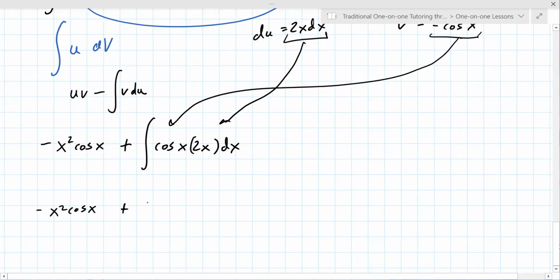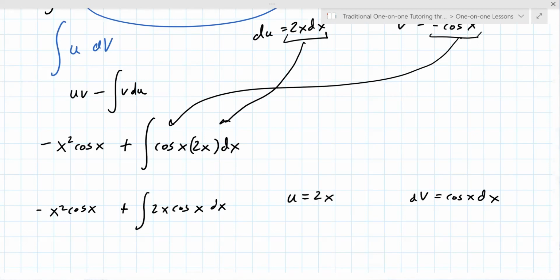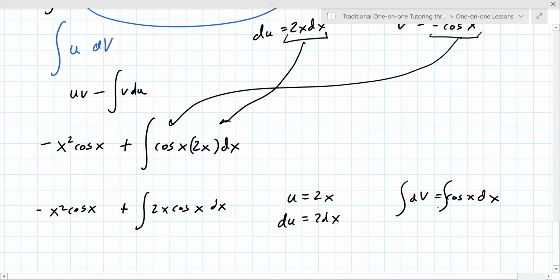It's integral 2x cosine x dx, and you have to do integration by parts again. Yep, integration by parts twice.